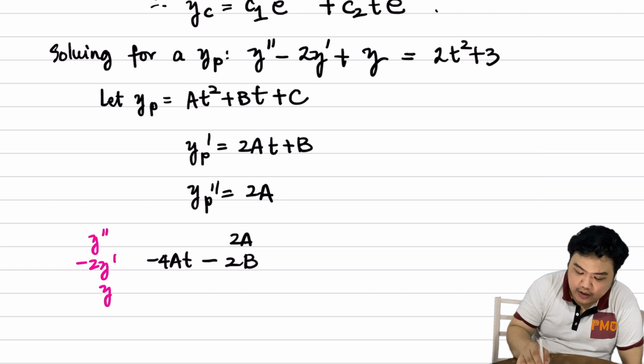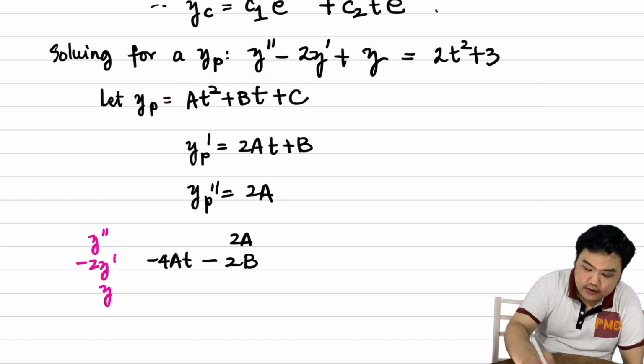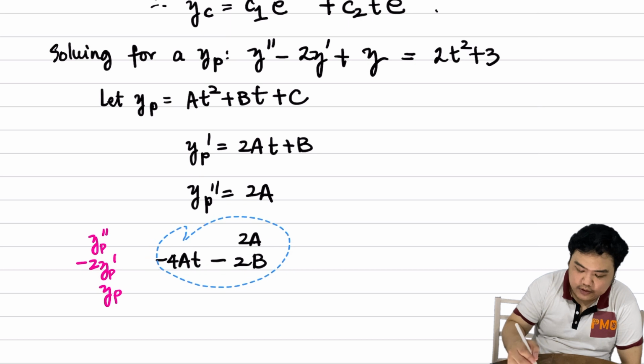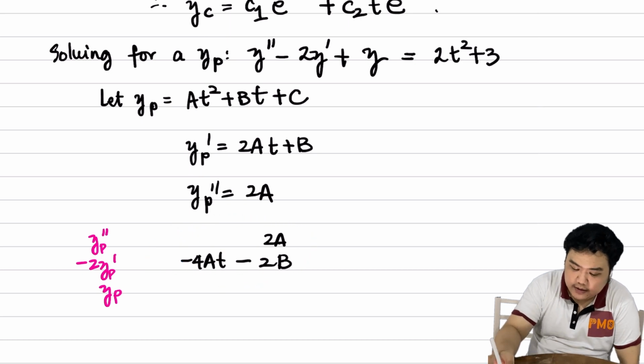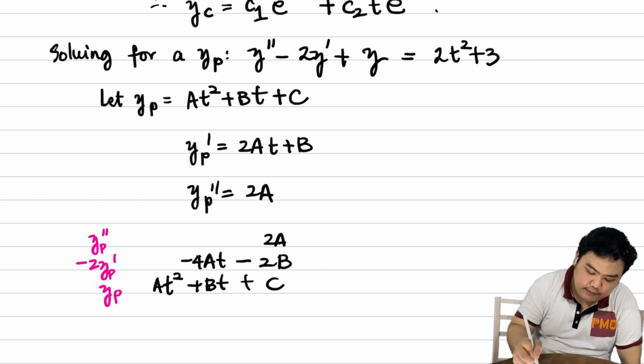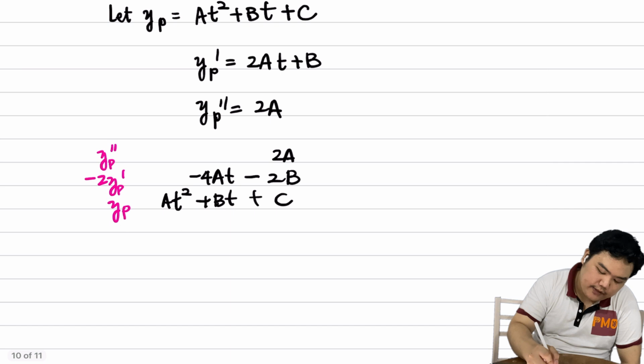And then, you copy y. So, instead na y, may y sub p ka na dyan. Okay, so anong lalabas doon? Usog natin. I need space. at square plus bt plus c. So, pinagtapat-tapat ko lang yung may mga t square tsaka t.